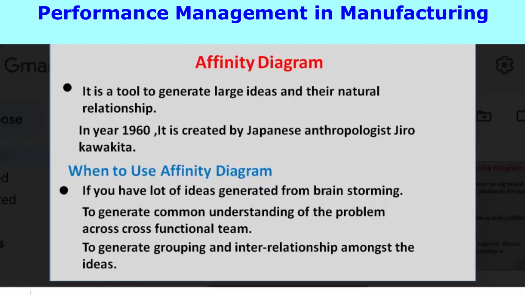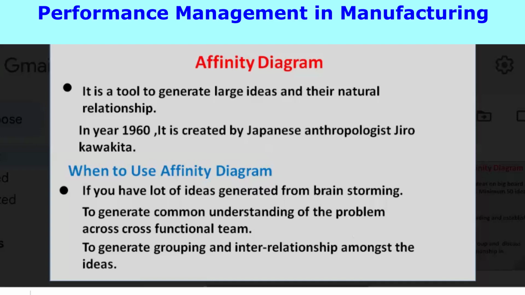We will discuss step by step. So initially in the first slide we have discussed the definition of the affinity diagram and applications of the affinity diagram. The affinity diagram was created by a Japanese anthropologist, Jiro Kawakita, in 1960.